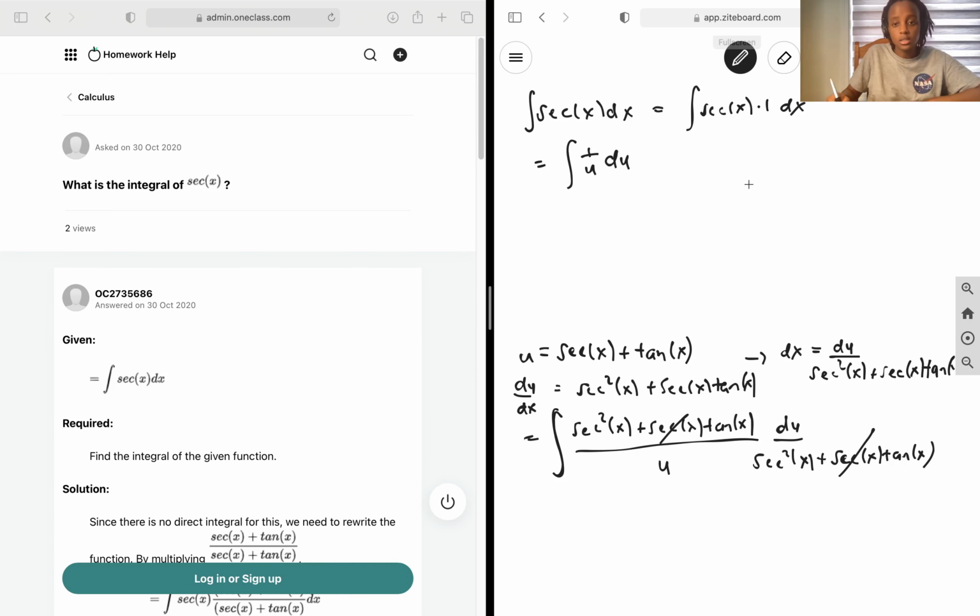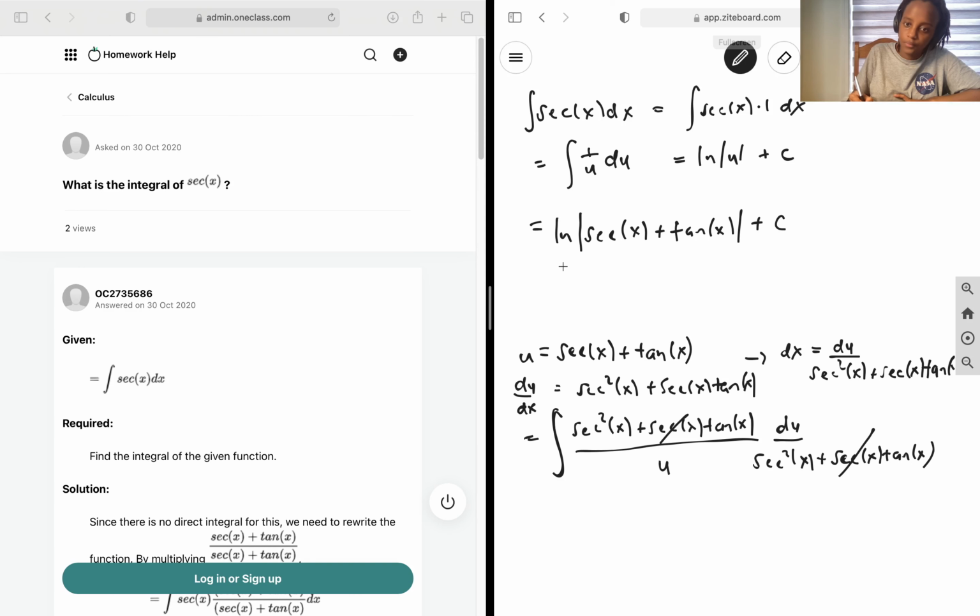And this we know how to find, and it's going to give us, of course, ln the magnitude of u plus c. And so let's just plug in what u is, and it becomes ln the magnitude of secant x plus tan x plus c. And this becomes our final answer.